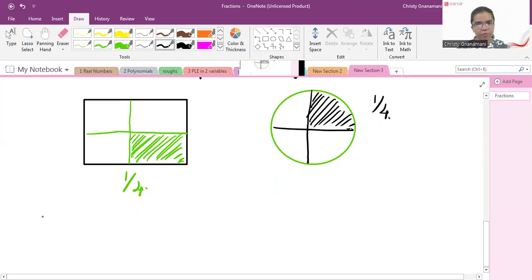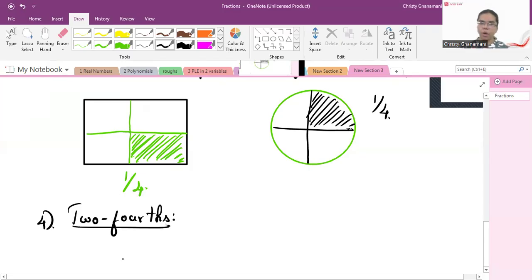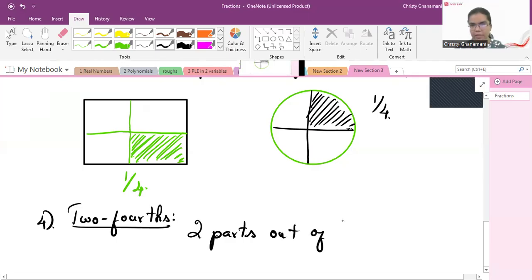Then the next type of fraction is 2/4. Let's learn about 2/4. So what is 2/4? 2/4 represents 2 parts out of 4 parts, right?